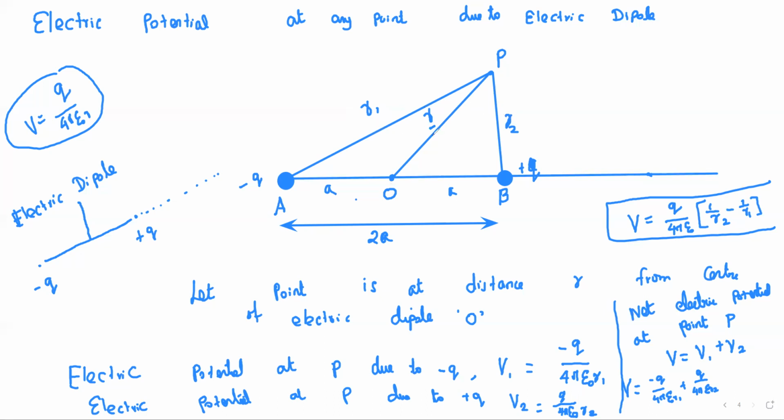To represent R1 and R2 in terms of R, first we know that this point P is at a distance of R from O. This information alone is not enough. The other information we need is at what angle this line is. Because at R distance we can draw too many points.